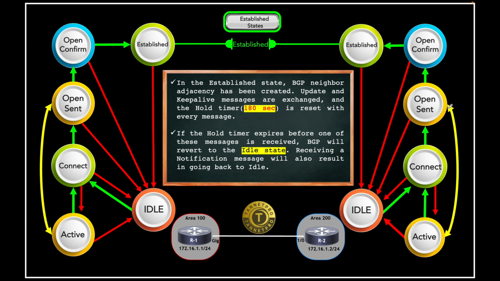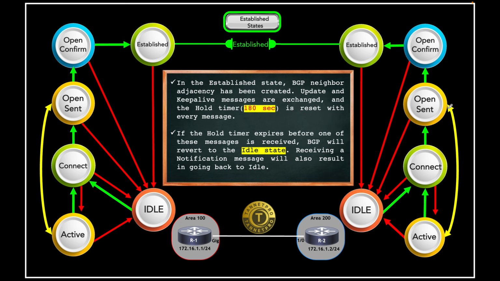So these are the states BGP goes through, and when it reaches the established state, only then does it successfully establish a BGP neighborship. After successfully establishing the neighborship, it periodically checks the keepalive message and waits for a message within the hold timer. If it does not receive any message within the hold timer value, 180 seconds by default, it will fall down to the idle state.